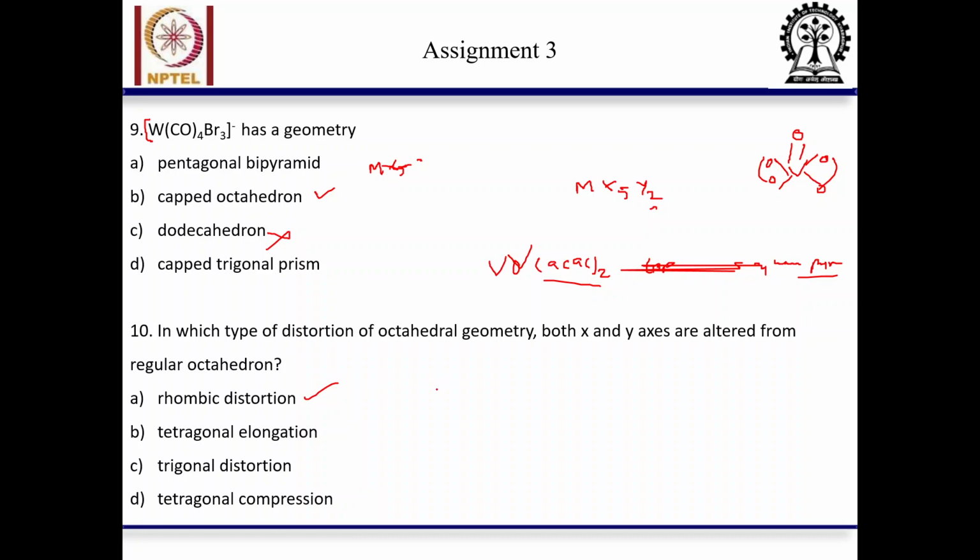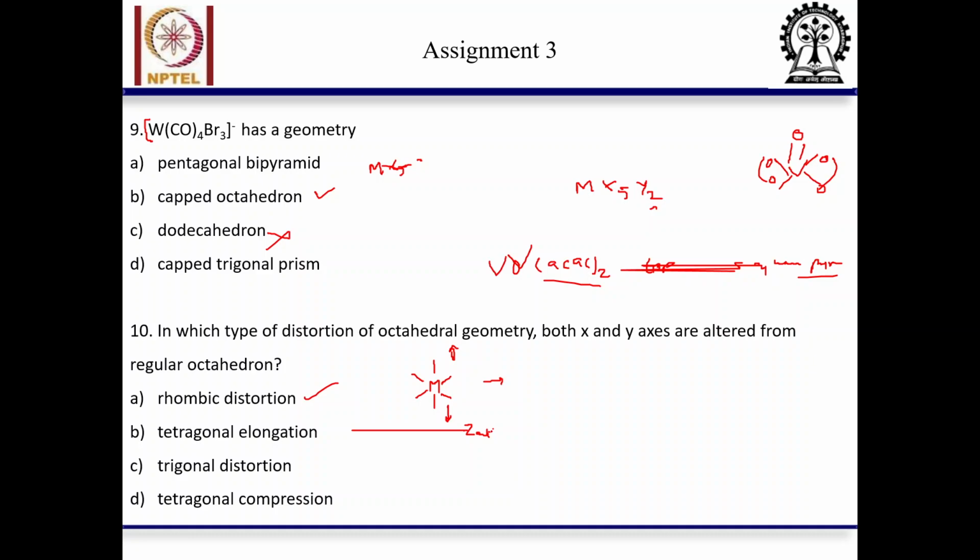Suppose you have an octahedron where all the M-L bonds are the same. Now you take the two ligands on the z direction, up and down, and you elongate both of them, that is called z-out.